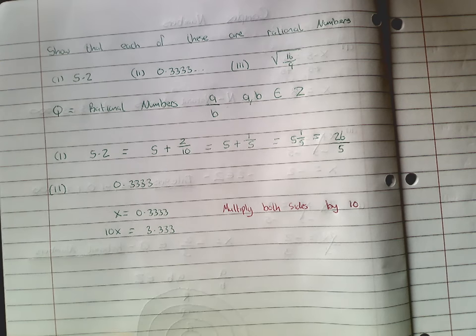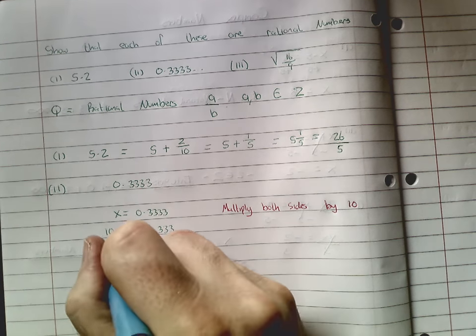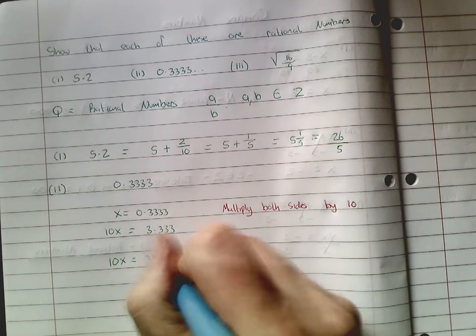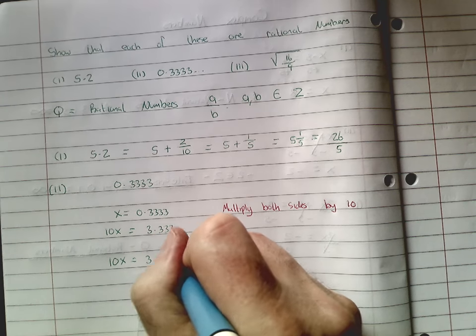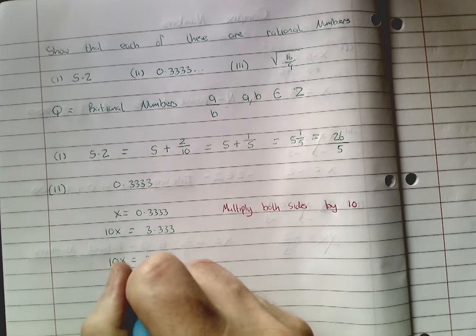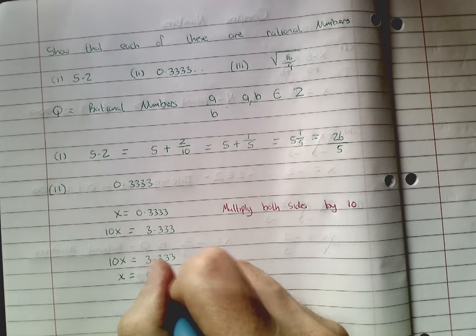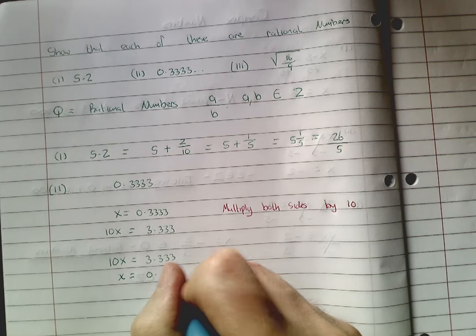Imagine we take 10x is equal to 3.333, and x is equal to 0.333.